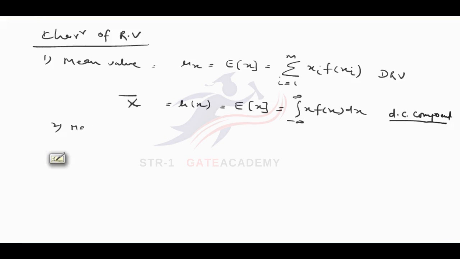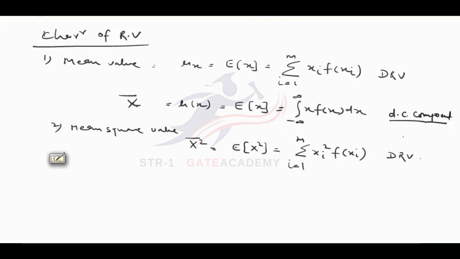Second is mean square value. Sum of x square f(x i), i equals 1 to m, for DRV.